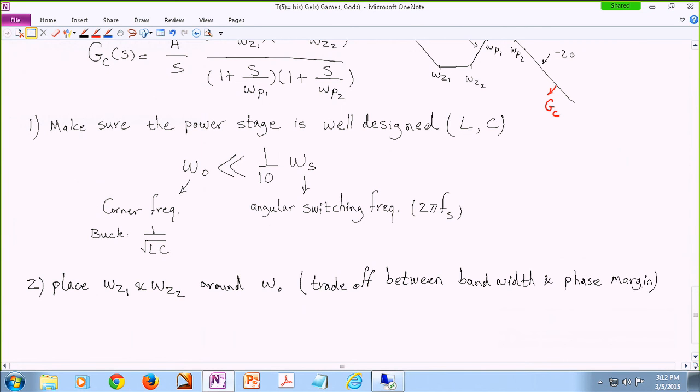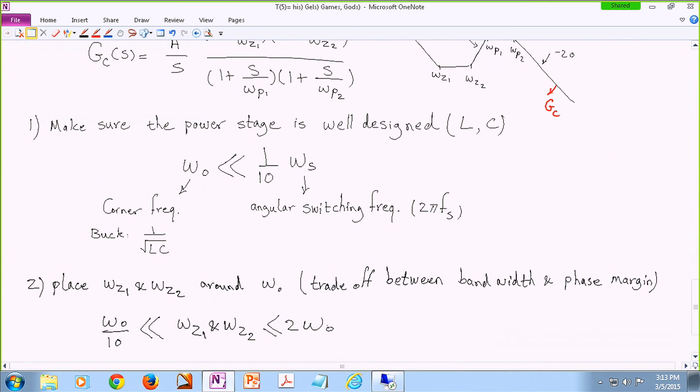Okay, on one side, if you increase them too much or reduce them so much, the bandwidth is going to grow, but the phase margin is going to shrink, and vice versa. So a good place would be placing them somewhere around here. Whatever your corner frequency is, between the corner frequency or twice the corner frequency down to 10 times smaller than the corner frequency.